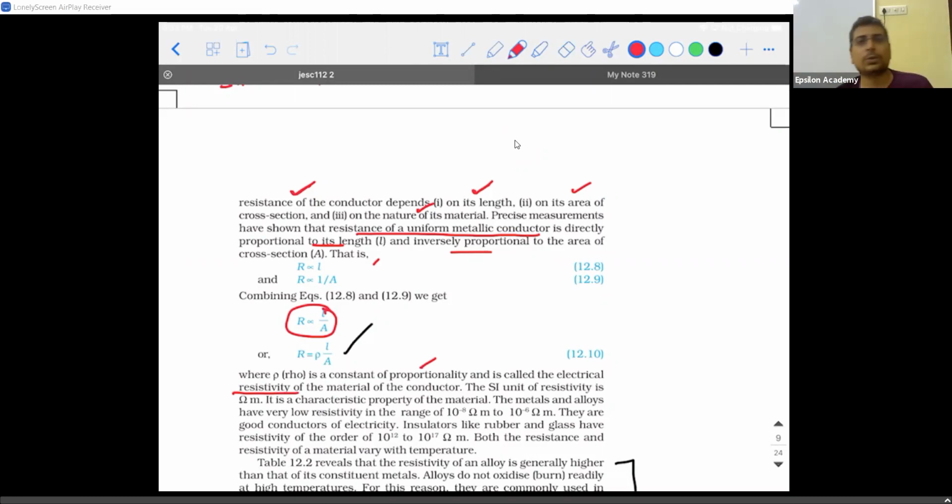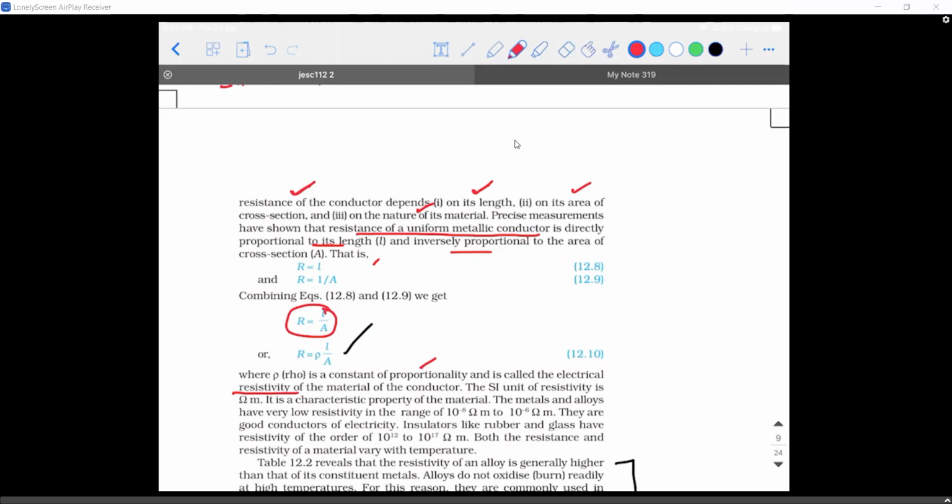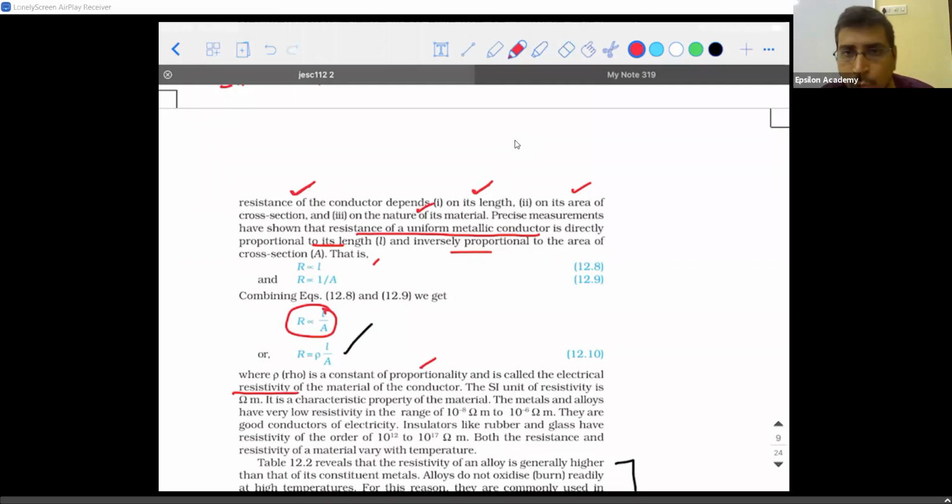Now, let me put a question like this. Have you heard the word conductivity? Yes, sir. I want to make it simple. I don't want to complicate. You know what is conductivity. Where have you heard this word?